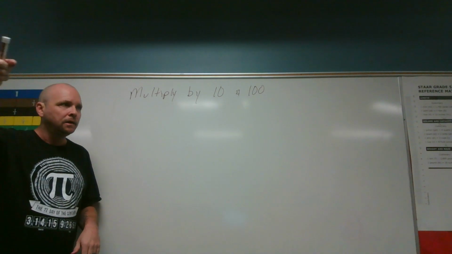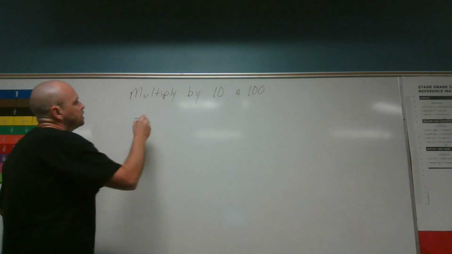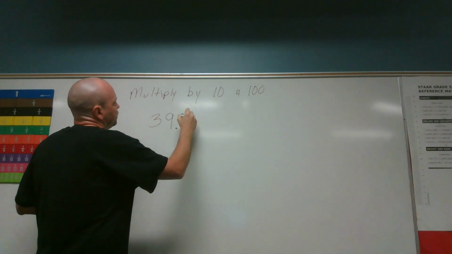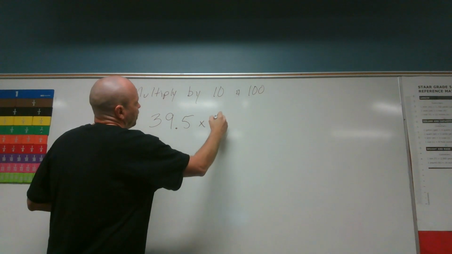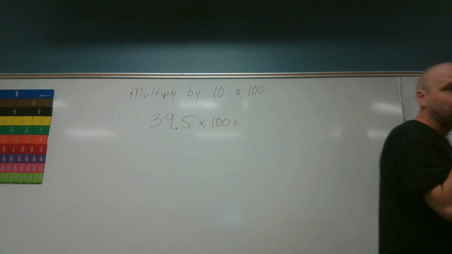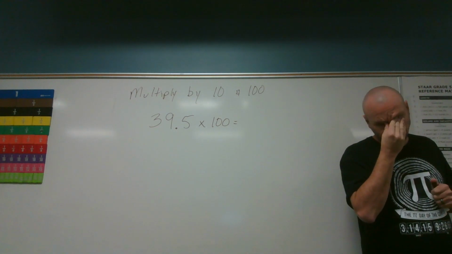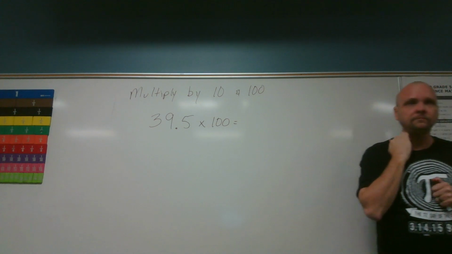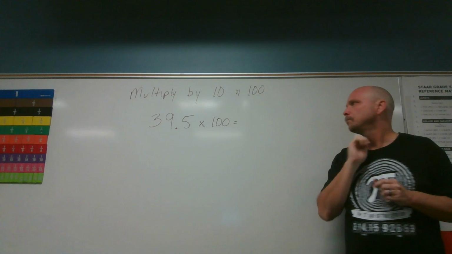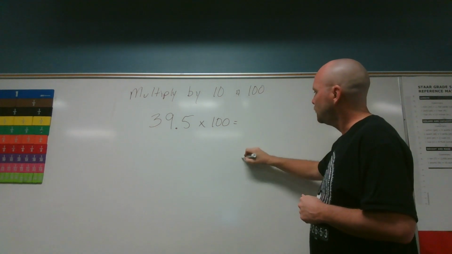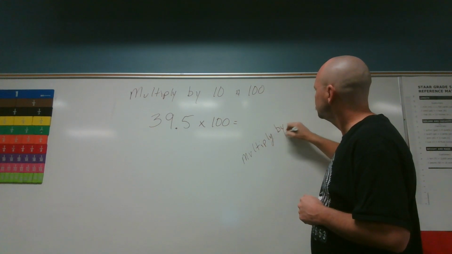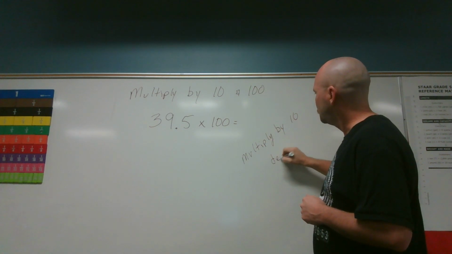All right, so if we're taking 39 and 5 tenths and we're multiplying it by 100. So if we multiply by 10, the decimal goes to the right 1 place.